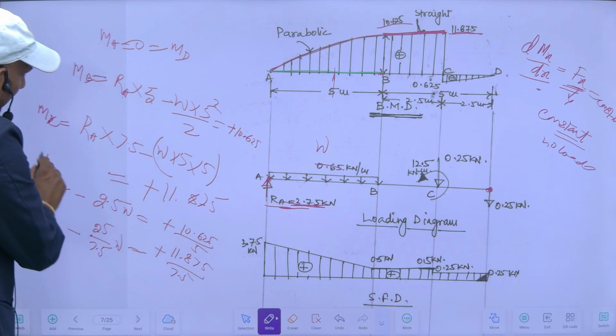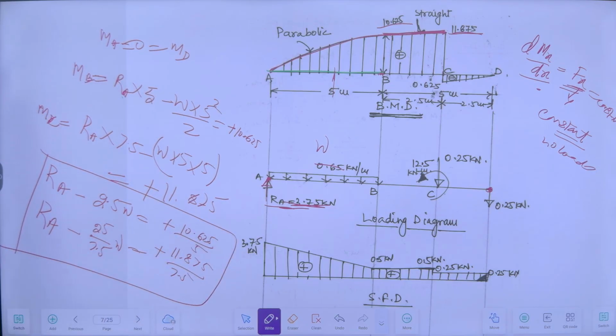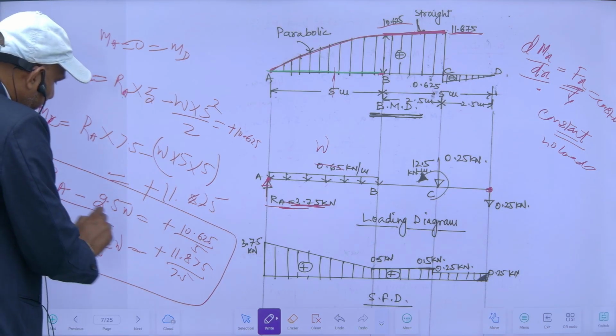So now I have two equations in terms of RA and W, and with these two equations I can find the values of RA and W.